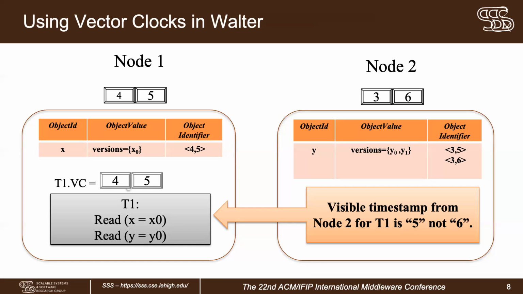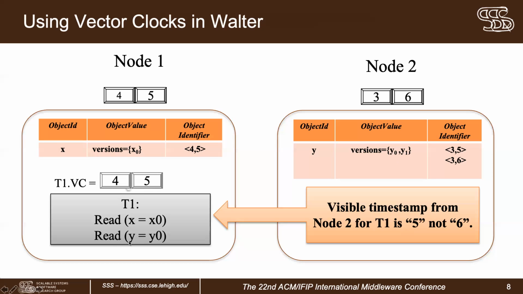And based on this vector clock, T1 is able to access different keys. For example, for reading X, T1 is able to access X0 because the entries of the vector clock of version X0 are less than or equal to the entries of the vector clock of T1.